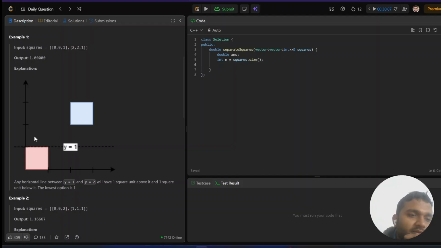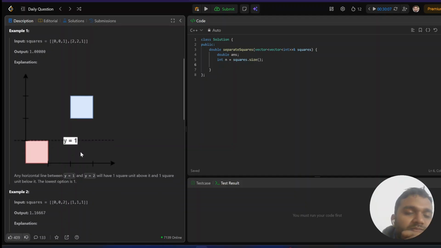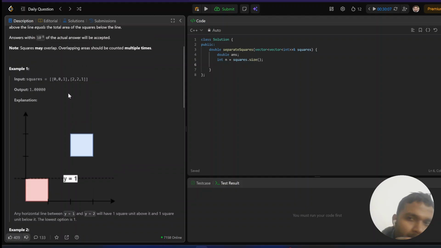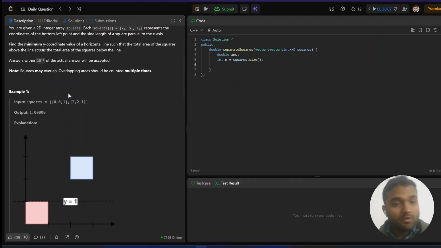This line can be there, this line can be there, but we have to go with the minimum. That means y is equal to 1. How can this line be found? This is a square, this is a square.